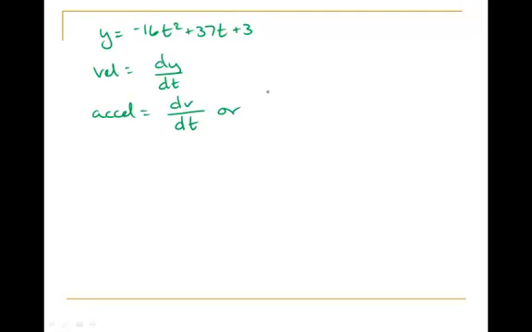We can also say that this is the second derivative of the distance or the displacement. So if I take this dy/dt and take the derivative with respect to t of dy/dt, I can also call this d squared y/dt squared.